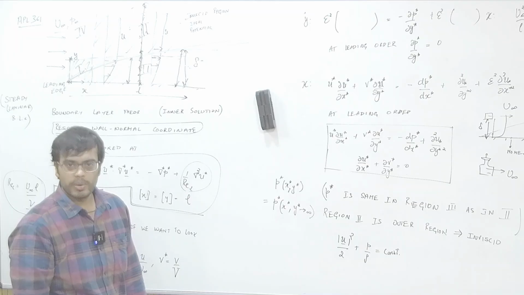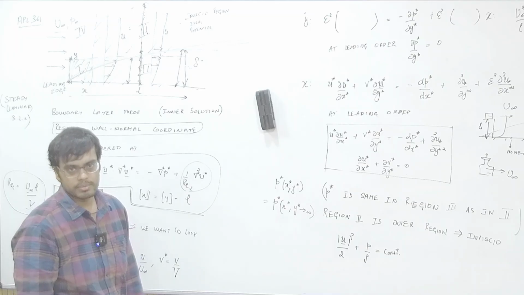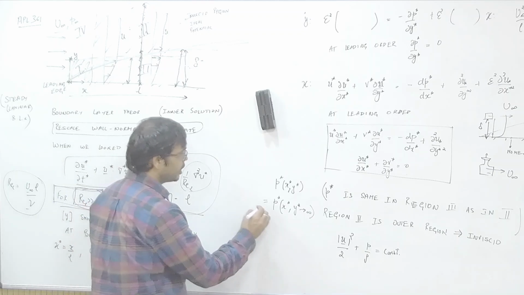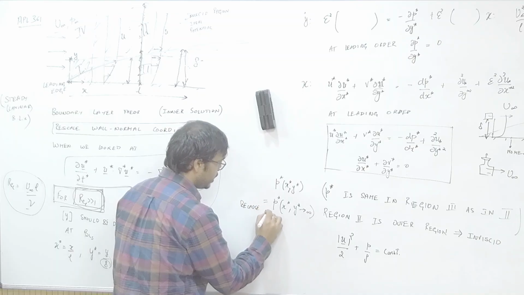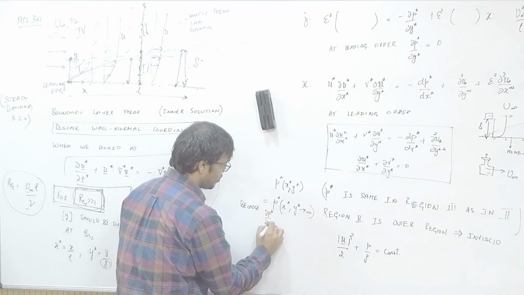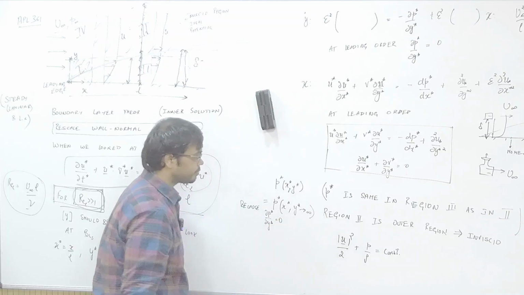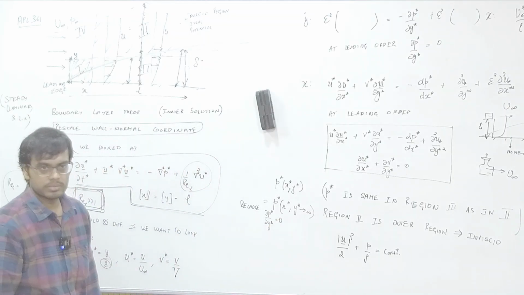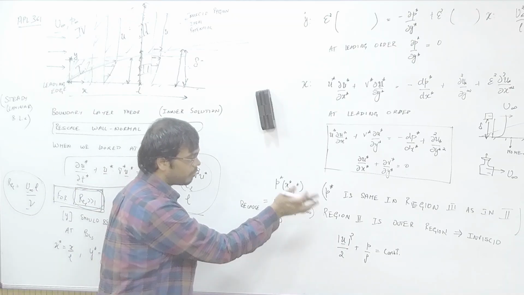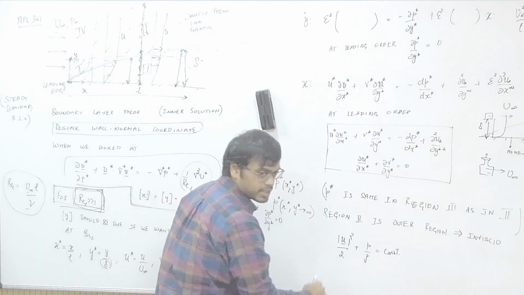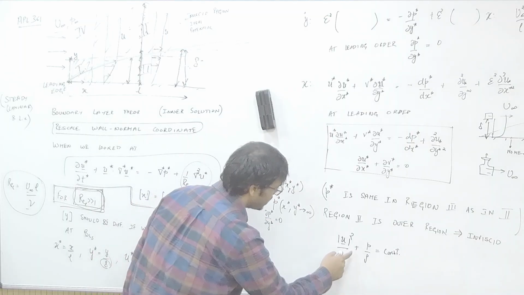That's because pressure is not varying in y star, because del p star over del y star is 0. And p star for y star tends to infinity is governed by this equation. So let us non-dimensionalize this again.